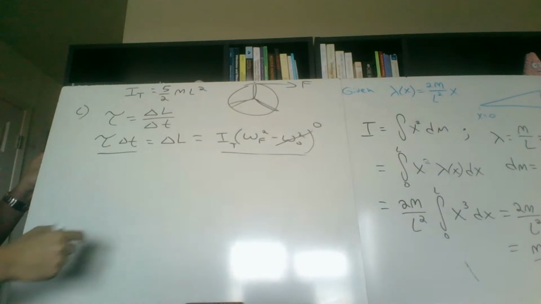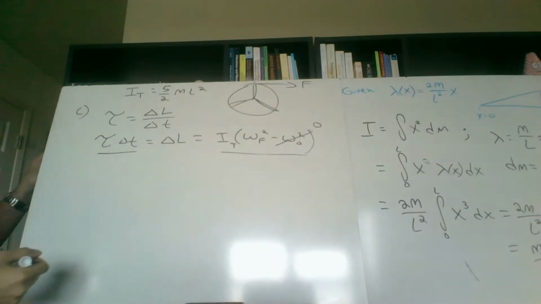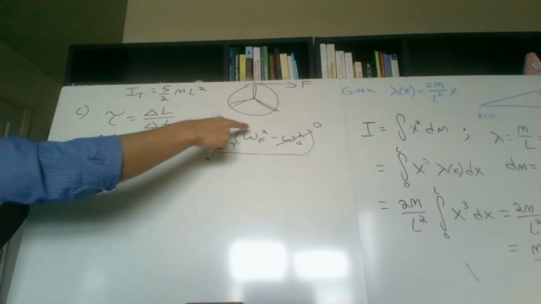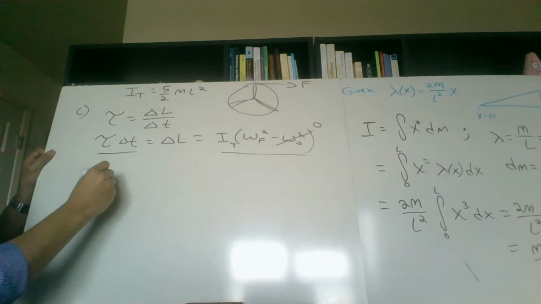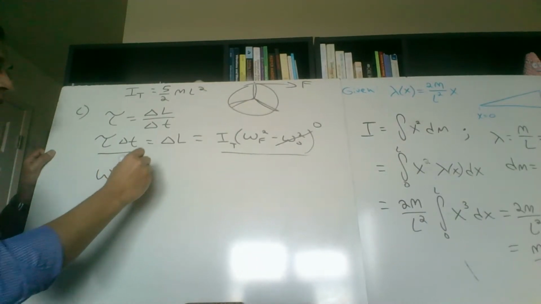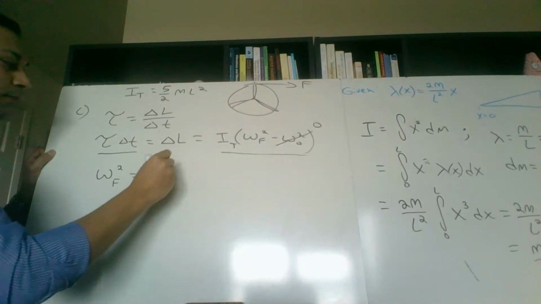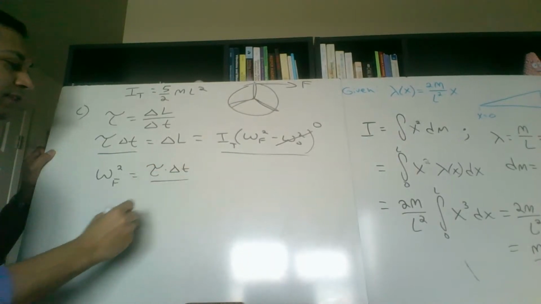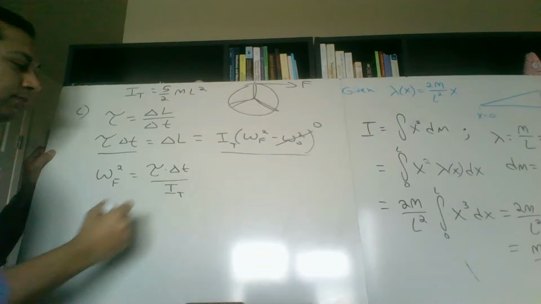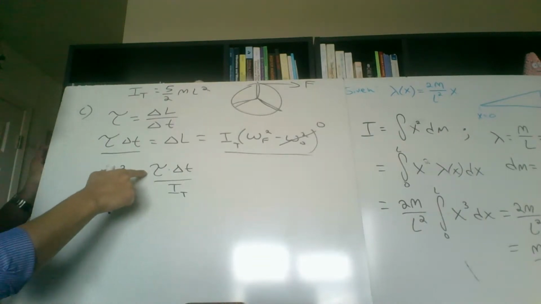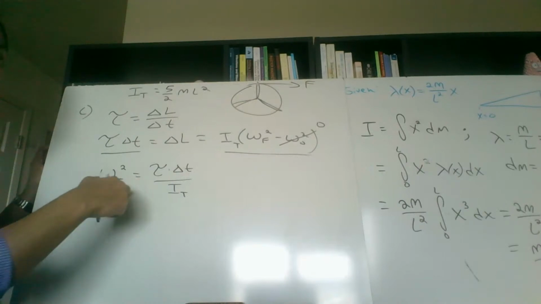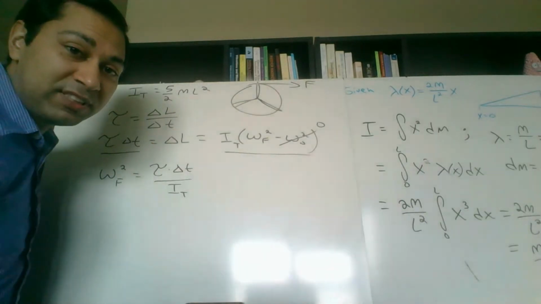And so now what we have is an equation for W final. We can divide both sides by I total, and we get W final squared is equal to the torque multiplied by the change in time divided by I total. Okay, and so the other thing we need to know now is that torque is equal to force times the distance.